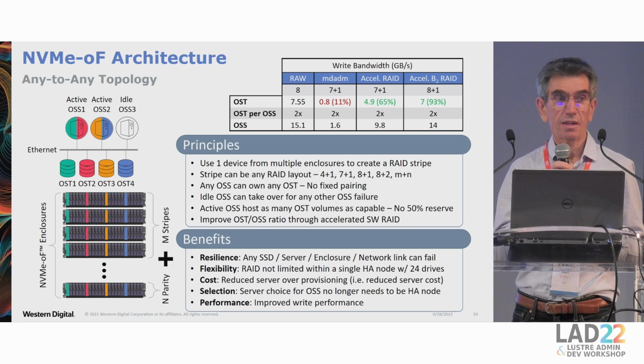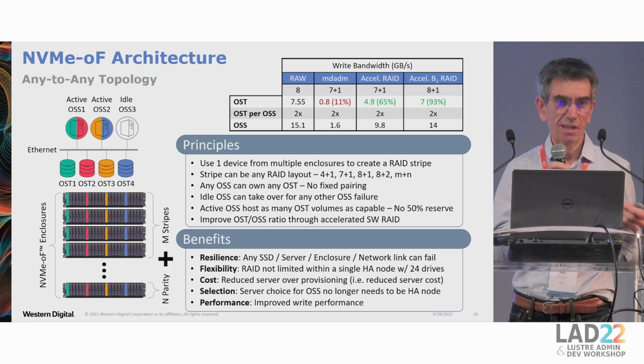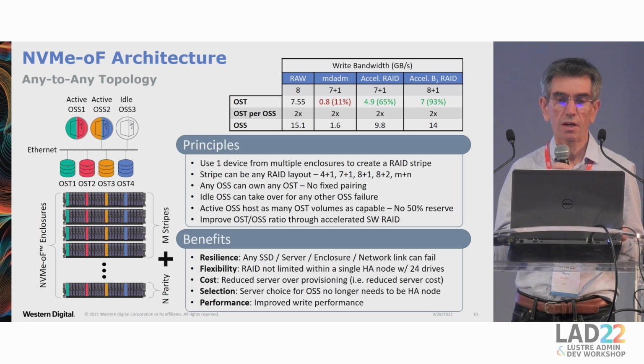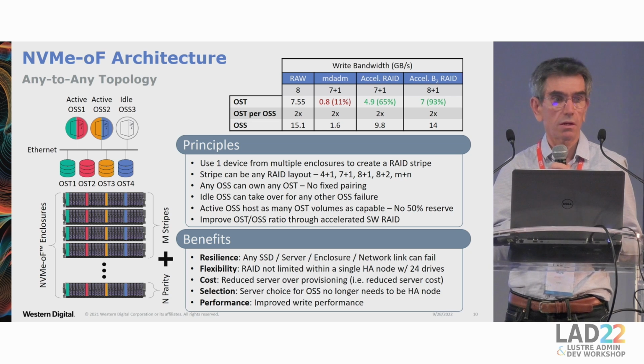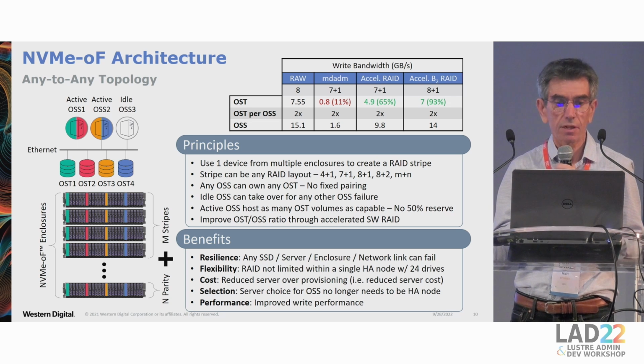And this is quite important, you have full flexibility to select your OSS server. This could be a 1U server without any NVMe. So a great level of flexibility to choose your server and assign the role you want to each of these servers.